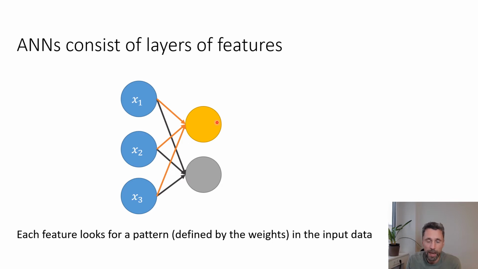And so high output values for this unit then mean, hey, there's this pattern that I detected. Now, obviously you have different features with different weights and therefore different patterns that each of these units detect.